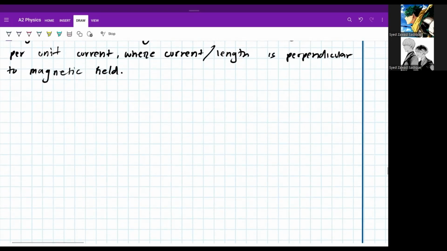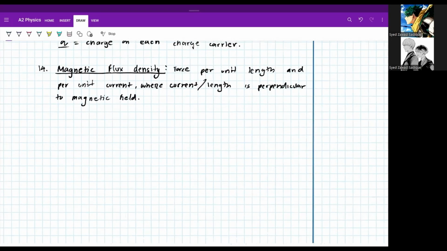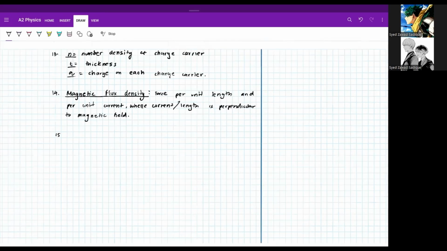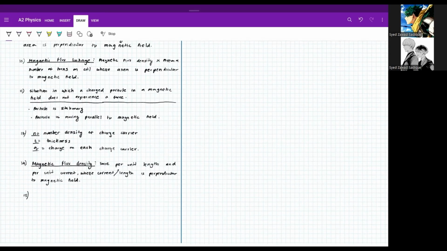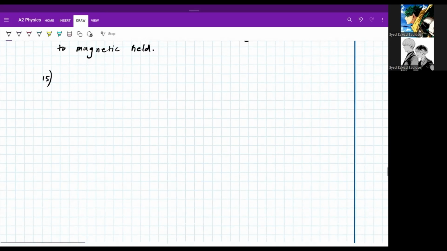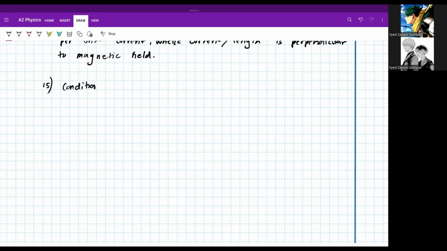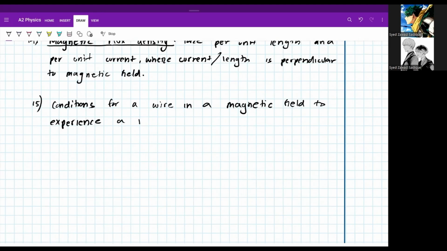Okay, so moving on to number 15. Conditions for a wire in a magnetic field to experience a force.